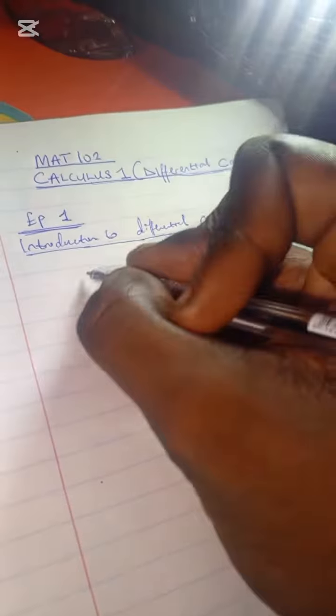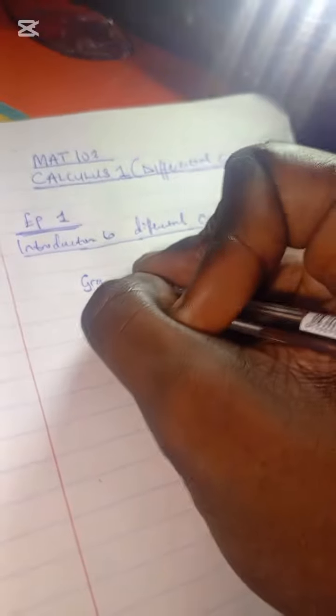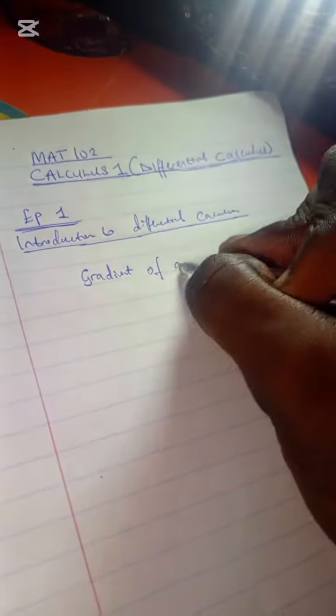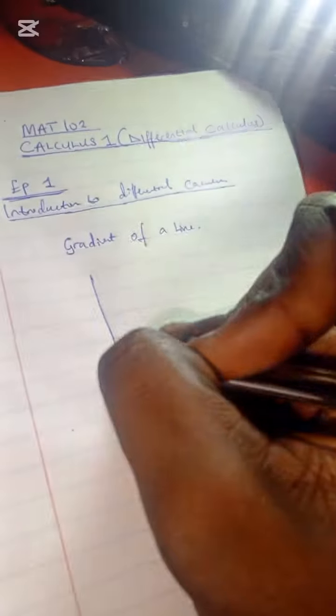So this is how calculus began. This is how we have the differential calculus. Basically, in coordinate geometry, there's something we call the gradient of a line. So let's consider this graph.